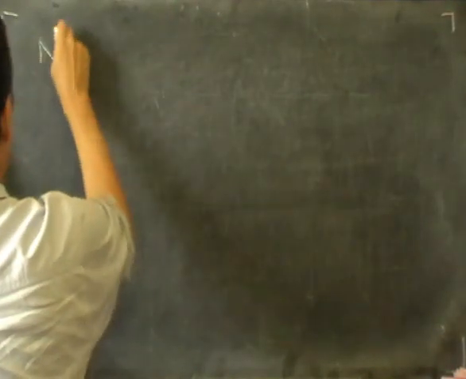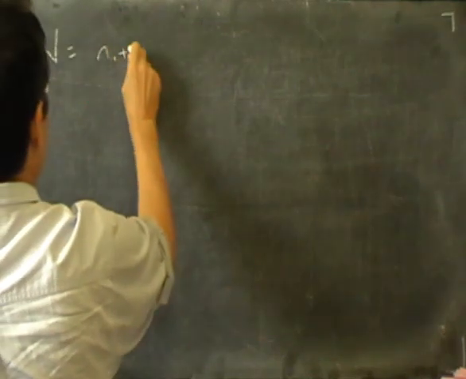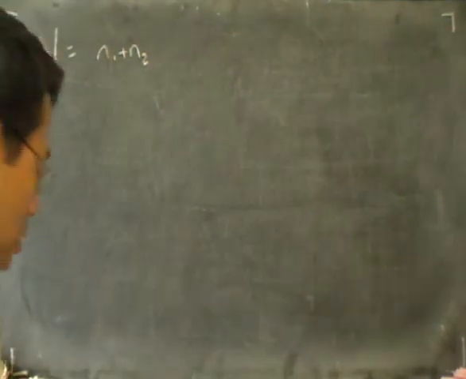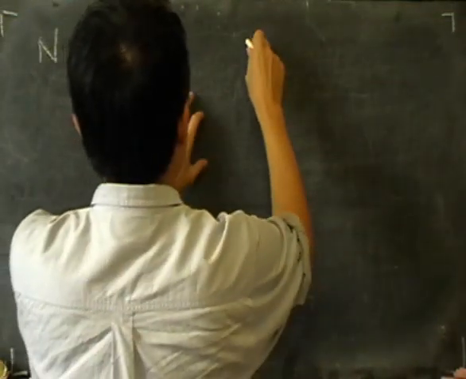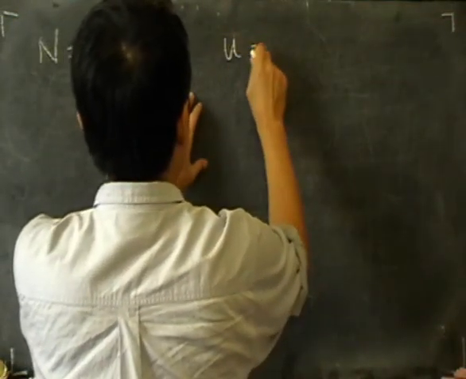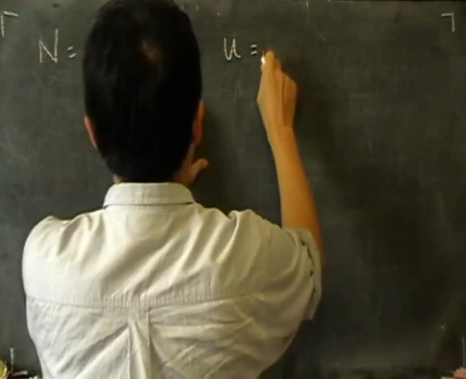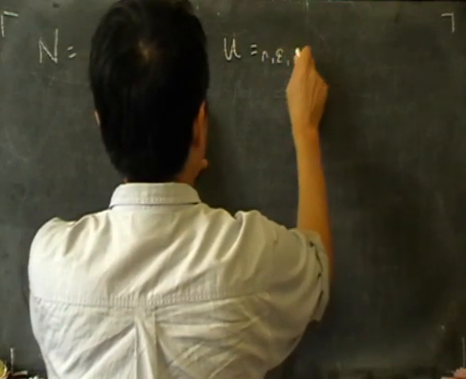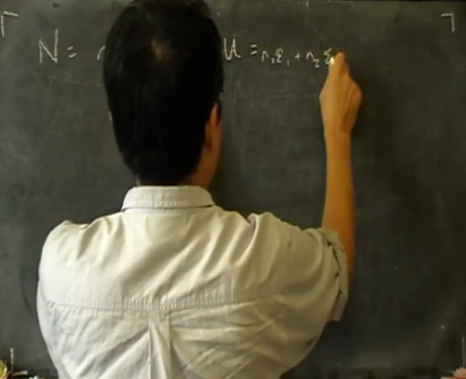So we have n1 plus n2, that's one constraint, and we have u, which is n1 e1 plus n2 e2.